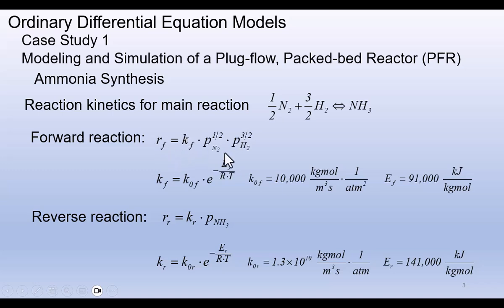The rate parameters described by the Arrhenius expression, and the frequency factor and activation energy with specific units are provided here. The reverse reaction, again, is just first order in ammonia, and again, the parameters of that are provided. All right, these are readily available from the literature.